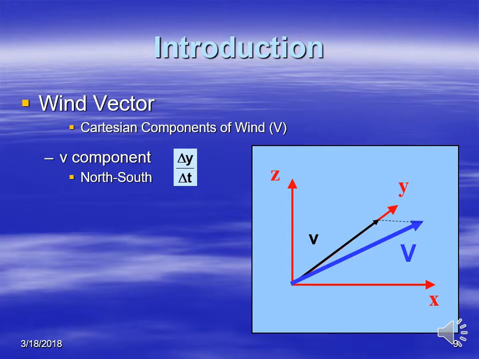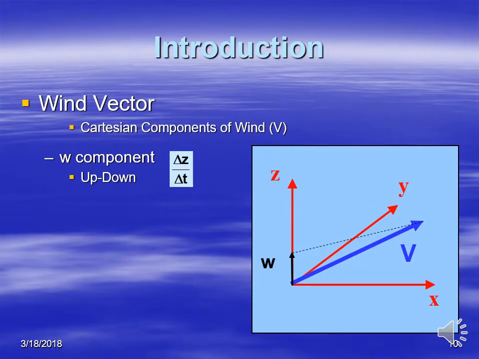Likewise, we can look at the component of wind that's moving in the Y direction, whether it be positive or negative Y direction. If the wind moves in the Y direction over a period of time, we say that that is the V component of the wind, the north-south component. So we've got U is the east-west, V is the north-south.